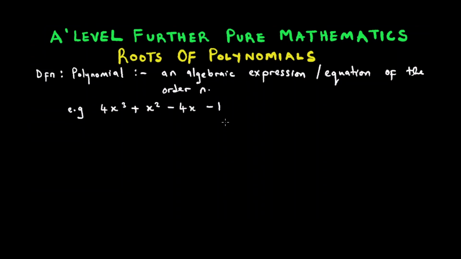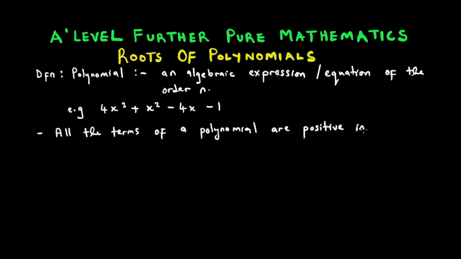What do we learn from that example? Firstly, we have to recognize that all the terms of that polynomial, and generally all the terms of a polynomial, are positive integer powers of a variable.